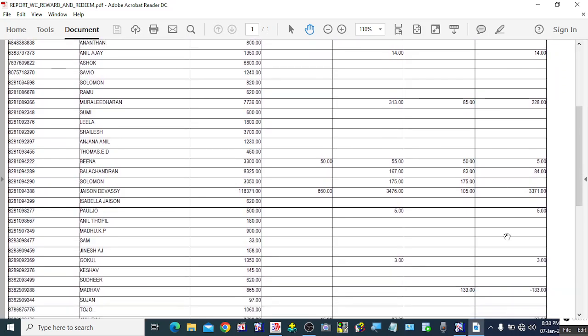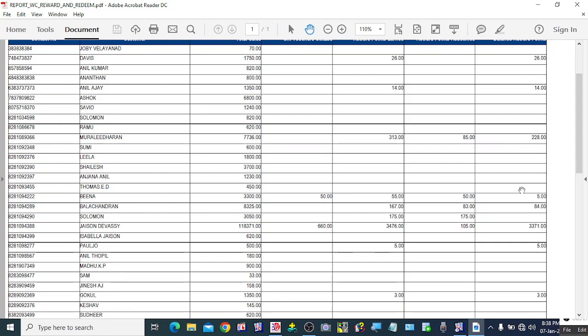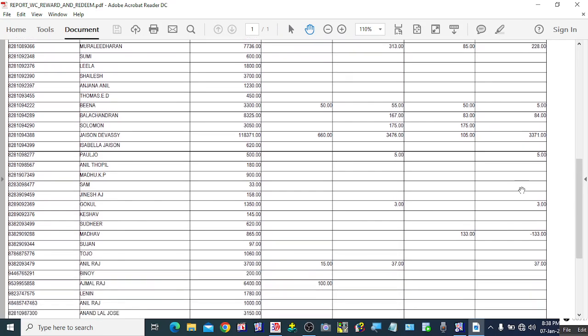We can spend a little time to communicate or send messages to these working customers in whose account there are sufficient reward points to redeem. So we can intimate them, in your account so and so amount is ready to redeem.